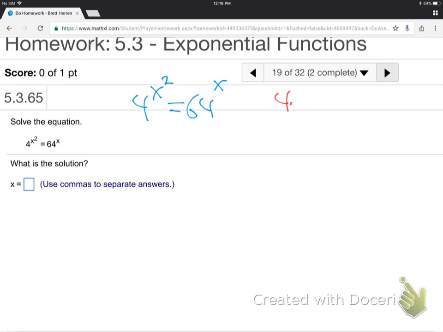So if you take your calculator, 4 times 4 times 4 is 64, isn't it? So can I make those two bases the same?